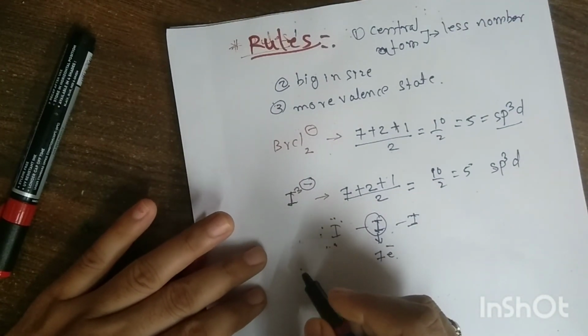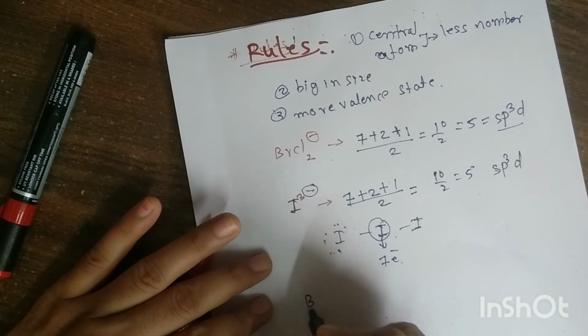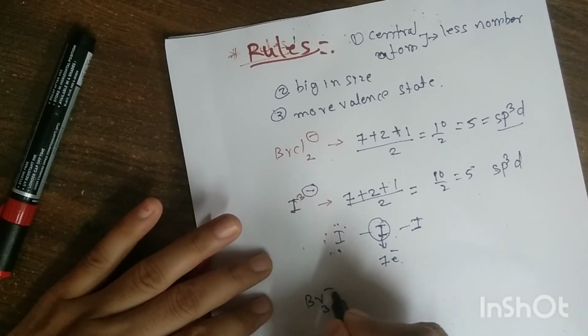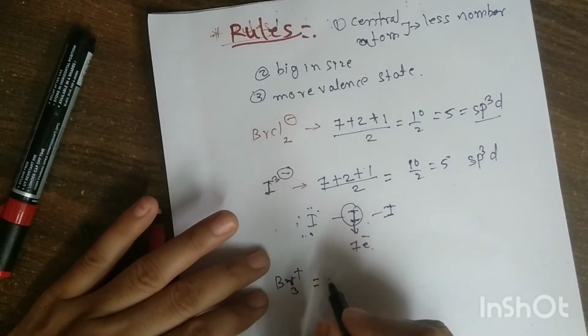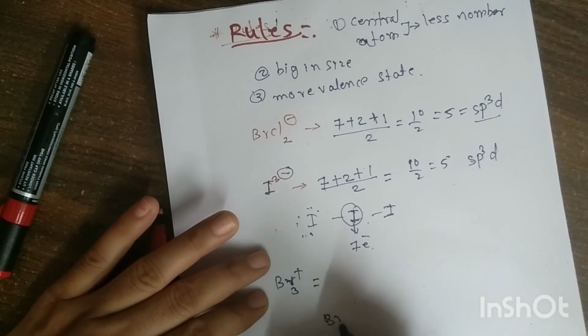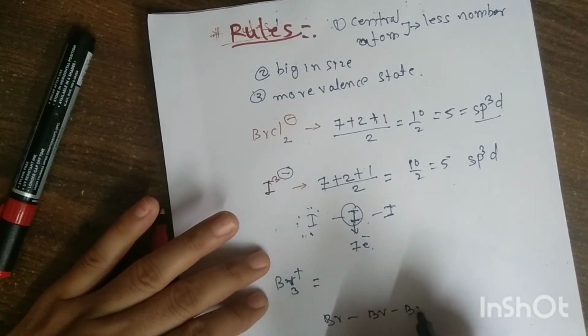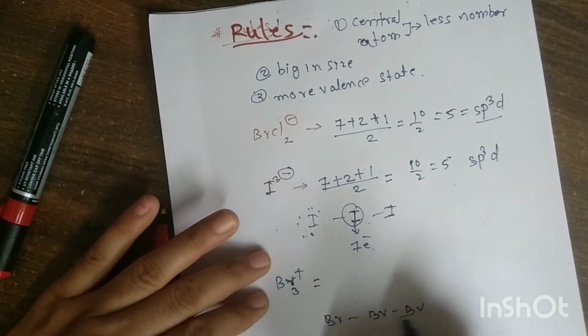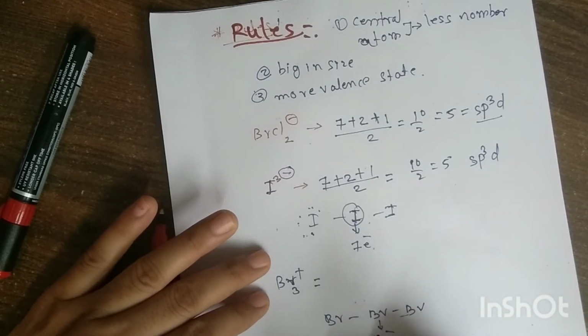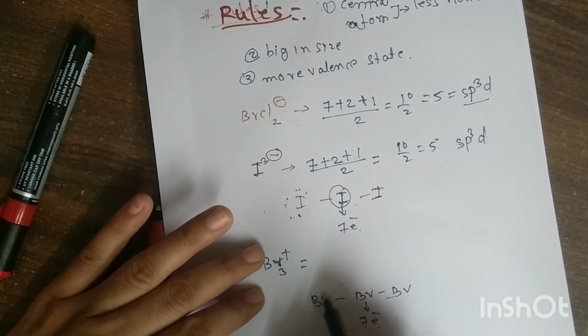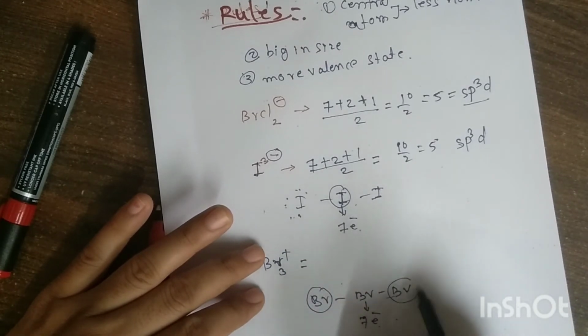Now again we find for Br3 plus. Here also 3 bromine atoms are there. So there are also 7 electrons in their valence shell, and this is the first bromine and this is the second bromine.